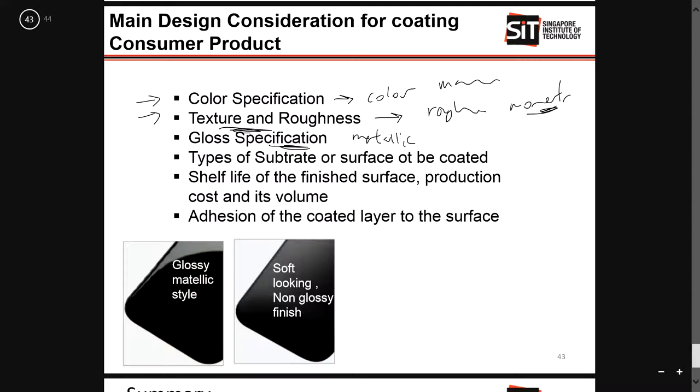So if you have a glossy effect, then people will like the colors, things like that. And then type of substrate and surface to be coated. If it's an anodized surface, then it is good for adhesion. So take note of that also.